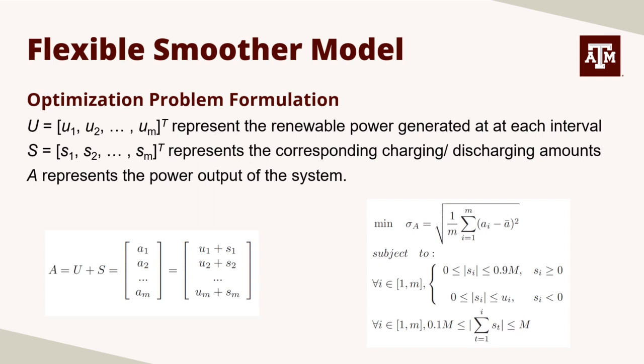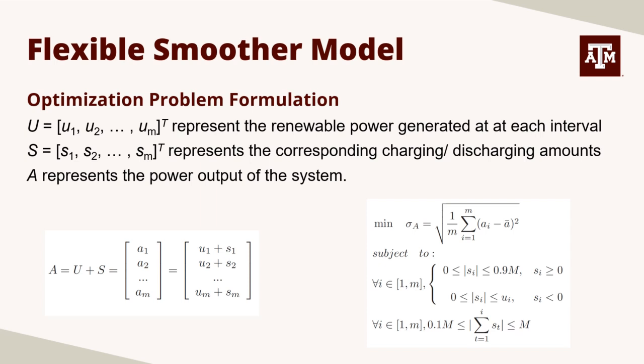We divide the process into small intervals, and U represents the renewable power generated at each interval, and S represents the corresponding battery discharging amounts.